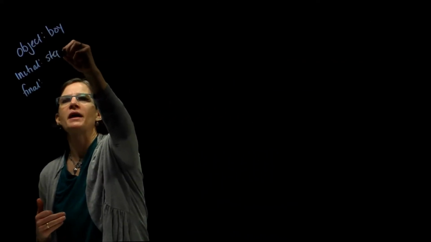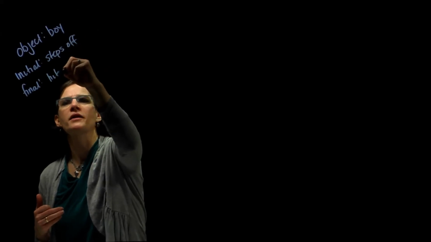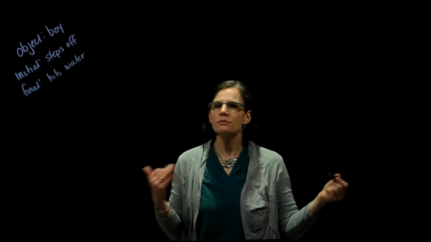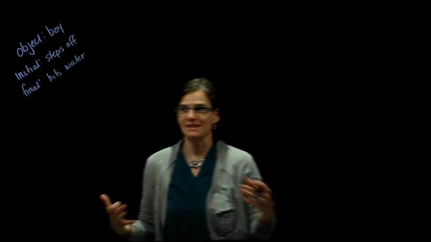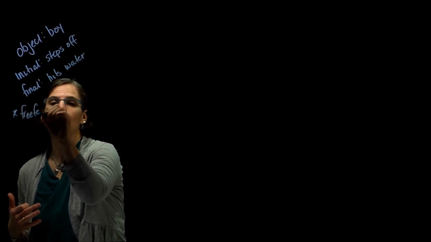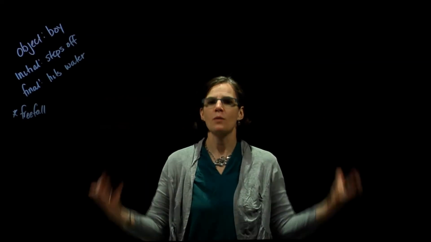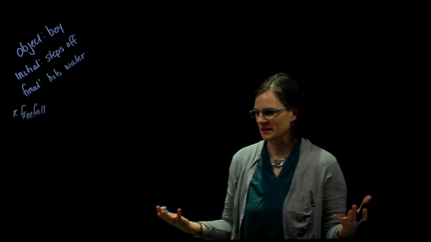So when he steps off the bridge is when we start to care, and when he hits the water is when we stop caring. We want to reflect now at this point, are we in a state of free fall? Yes. So we want to remember as we move into our problem solving that this is a free fall problem. Once he steps off that bridge, the only influence on him is gravity.